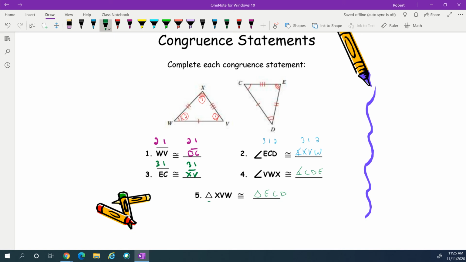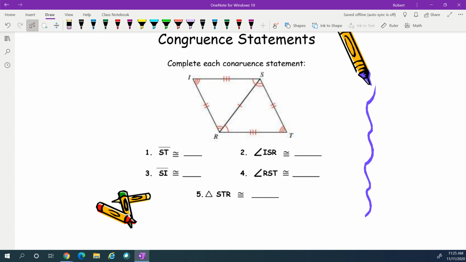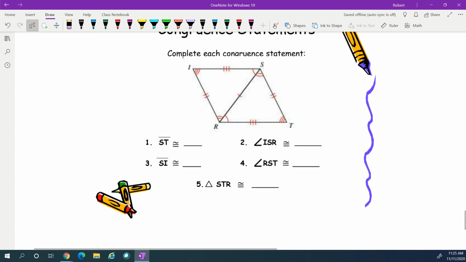Let's take a look at one more. Now these triangles, it's the same exact problem. The triangles just happen to be pushed together. They share a segment. They share a side. But everything's marked for us still. 1s, 2s, 3s, everything's marked. So let's do this. ST. S to T. That's 2 to 3.